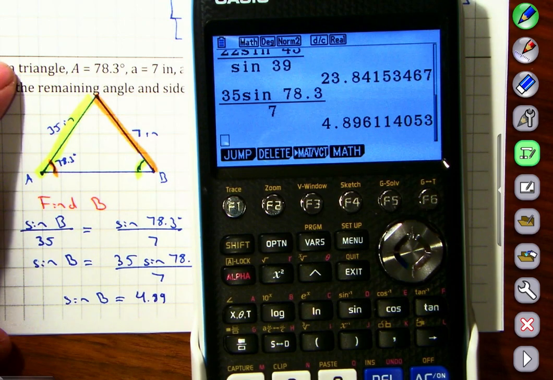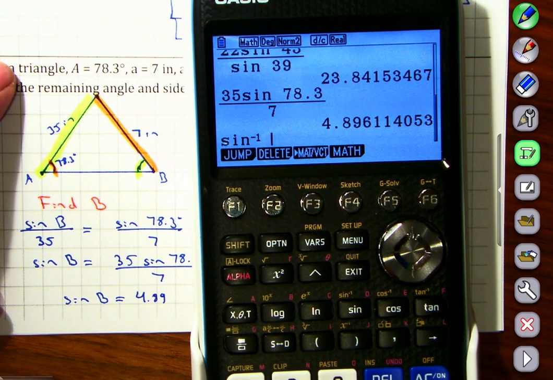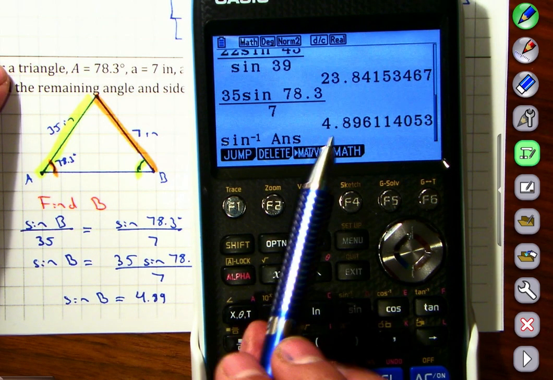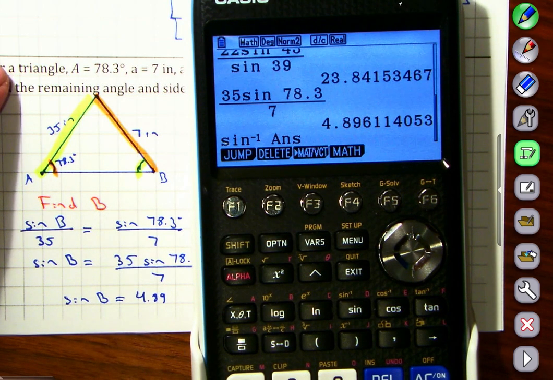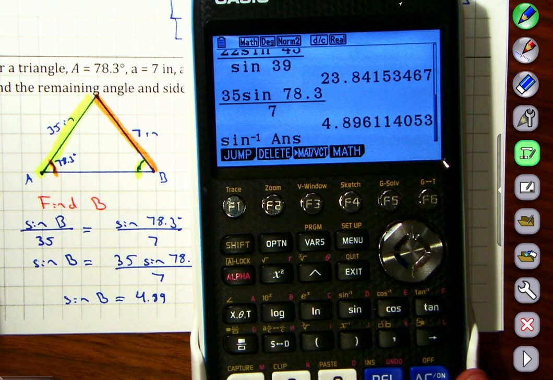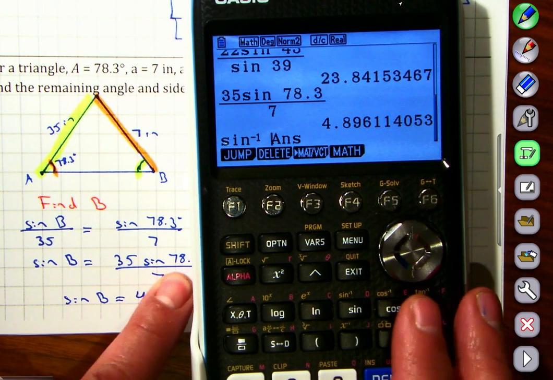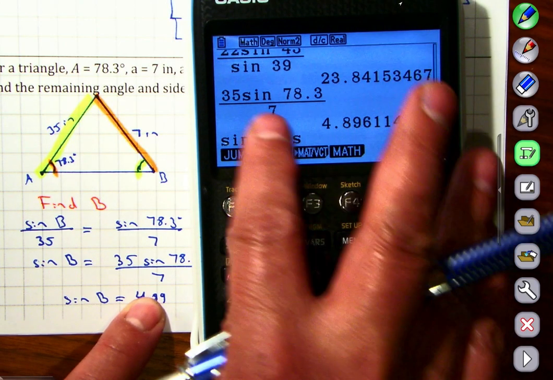And I'm going to take the inverse sine, make sure that I'm on degrees, inverse sine of my answer, and make sure that you use your answer rather than using 4.89, so you get a more exact answer. And let's see, 35 sine 78.3 divided by 7. You don't make a mistake.